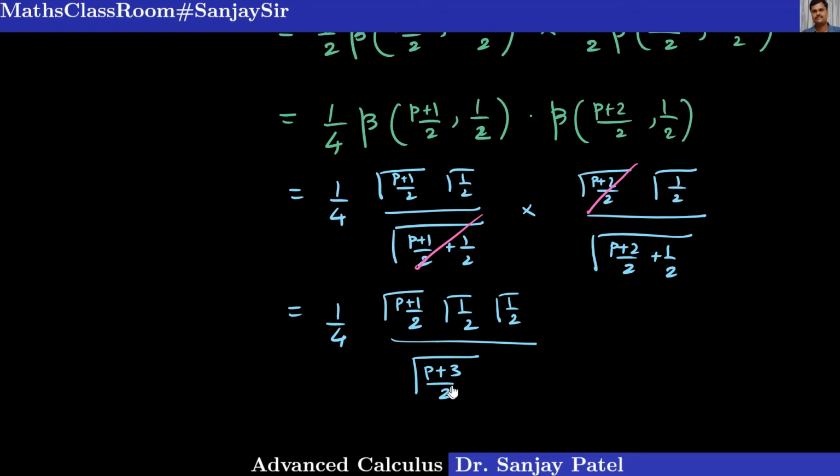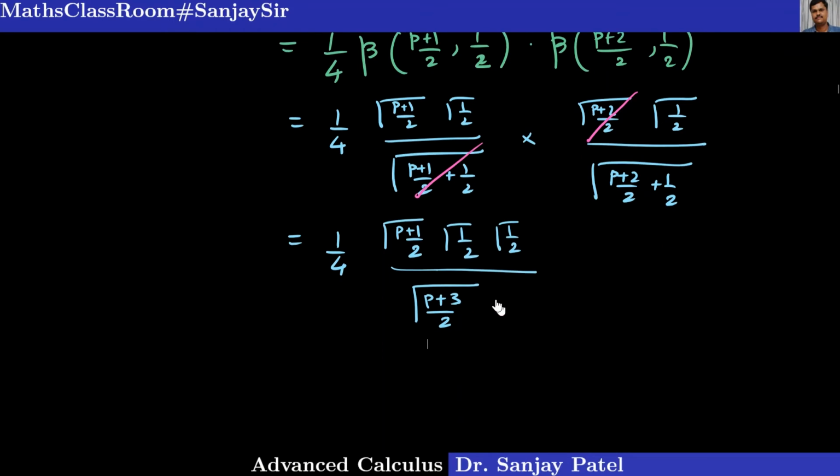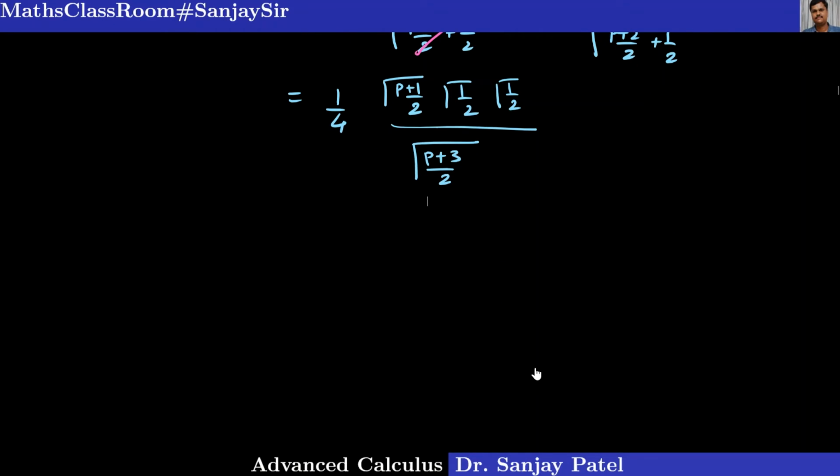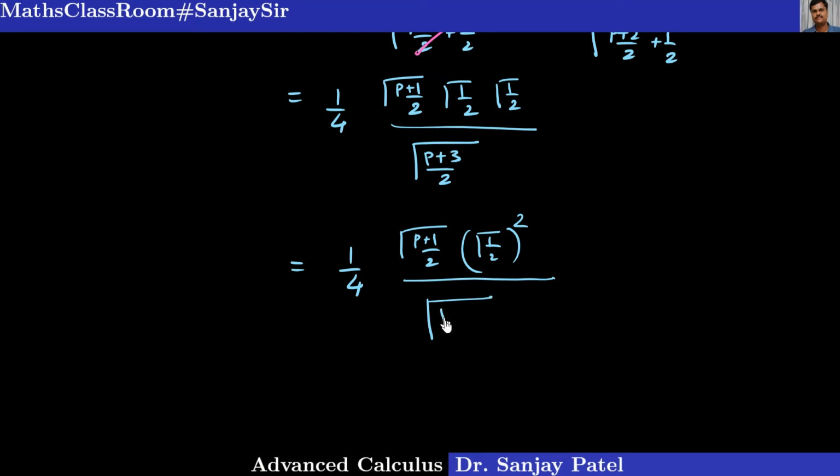The denominator we can express in a different way. The 1 by 4 gamma p plus 1 by 2, this is gamma of 1 by 2 square upon, this I can write as p plus 1 by 2 rather.